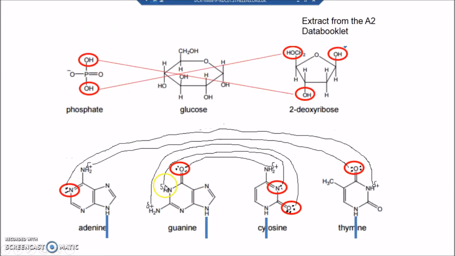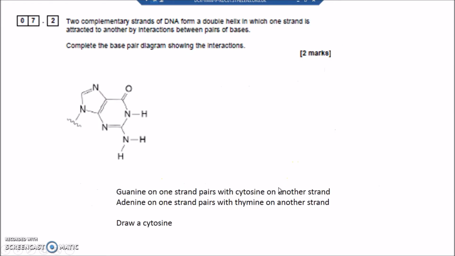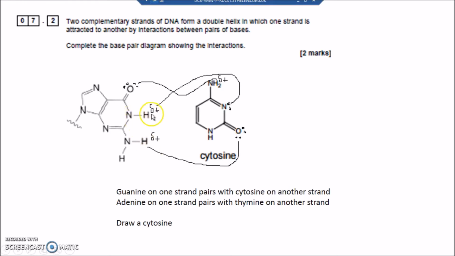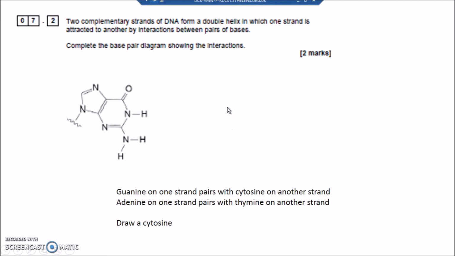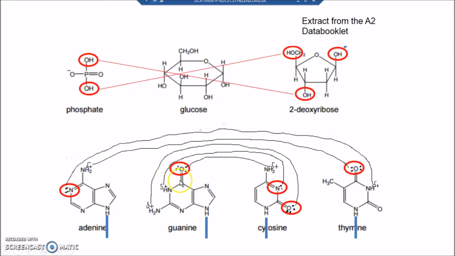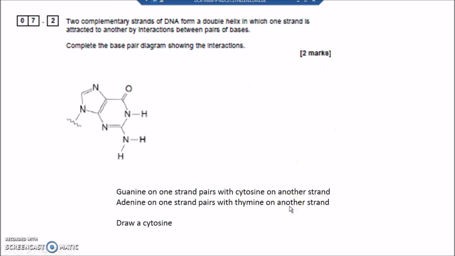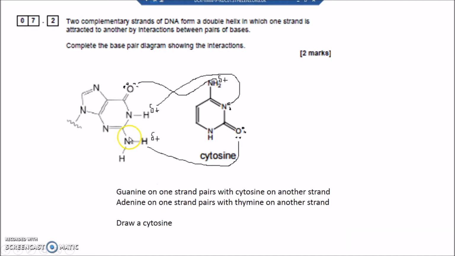What else? I've got an NH on the guanine linking to an N lone pair, and then finally I've got an NH2 on the guanine linking to an O lone pair.